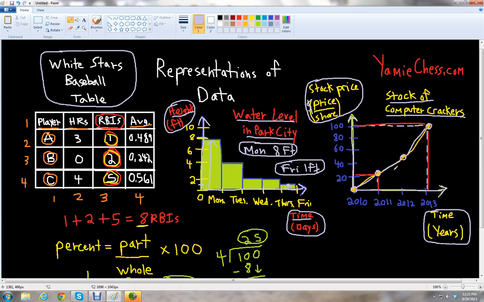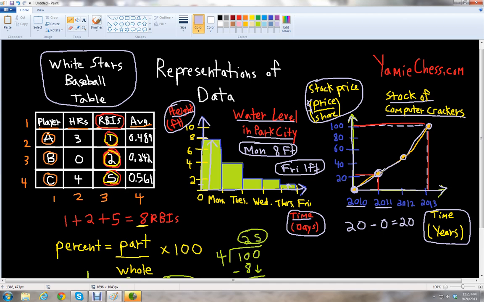Well, let's see. In order to do that, you would need to subtract between any 2 given consecutive years. So if you start with 2010 to 2011, we'll subtract: 2011 has $20 per share minus 2010, $0 per share. So it gives us $20 per share.